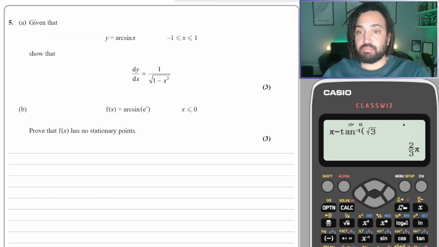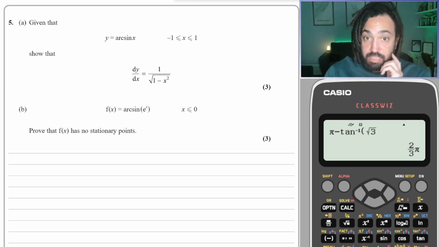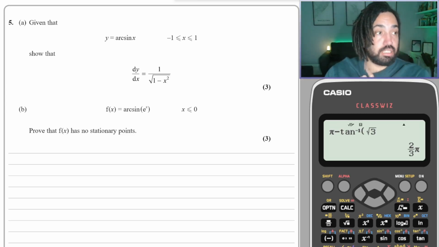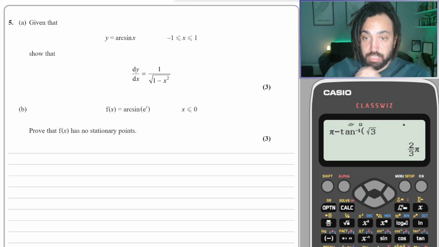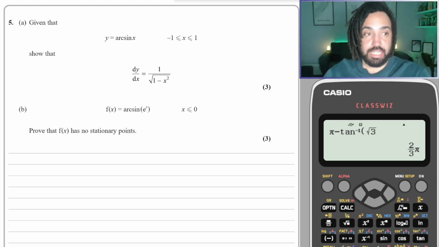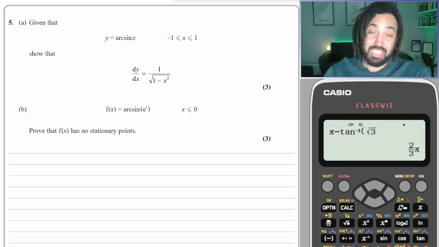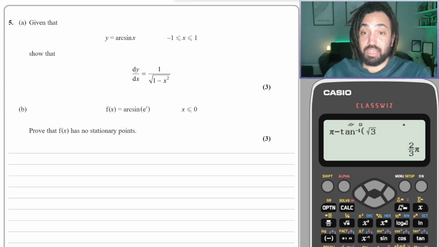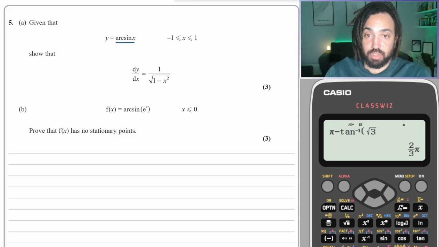Okay, next question. It says, given that y is equal to arcsine x, show that the derivative is equal to 1 over the square root of 1 minus x squared. Interestingly, you can be asked this question in regular maths, but they would write it in a slightly different way, because you don't have to do anything with arcsine other than draw graphs of it.